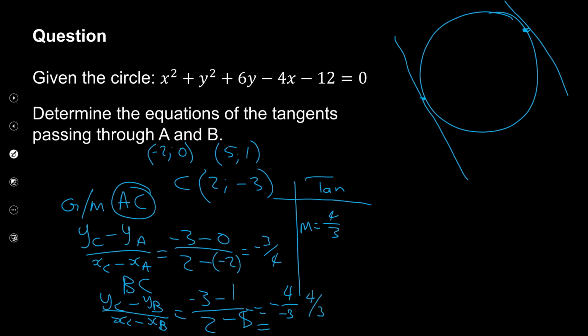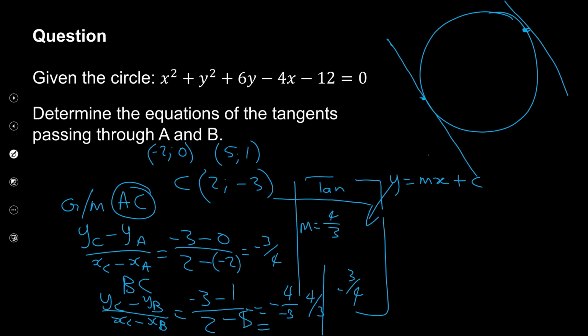Do you see? So the gradient of the tangent, when it is this, will be minus 3 over 4. And then you can use the equation of a straight line, which is y is equal to mx plus c, and try to find it using those two equations that we have there. So let me quickly do that one for you.